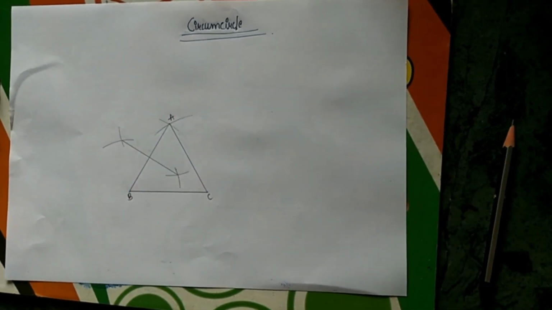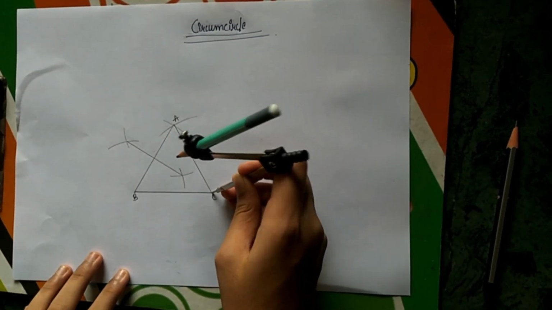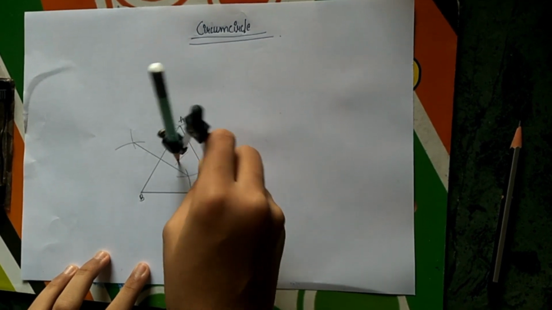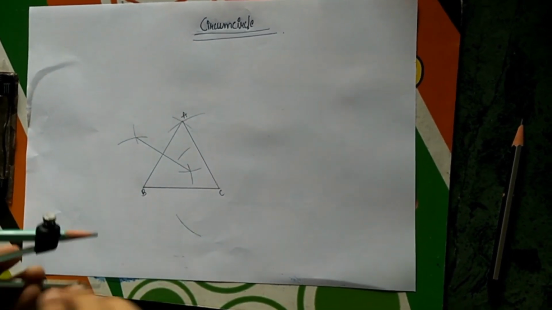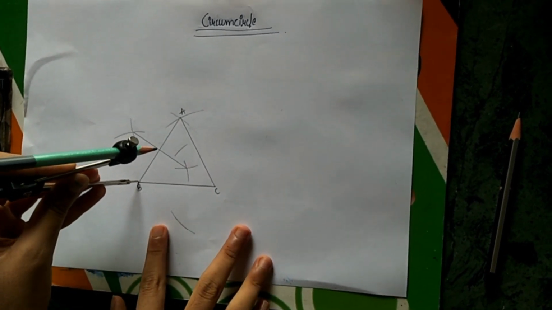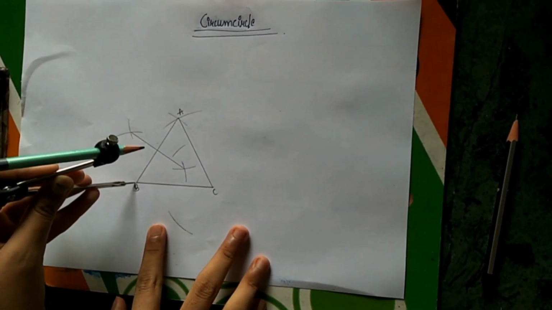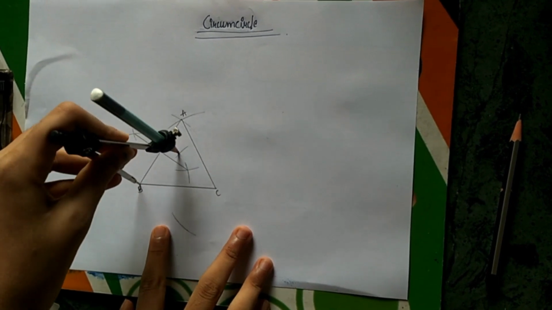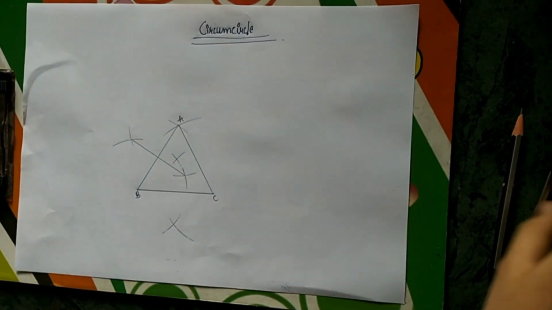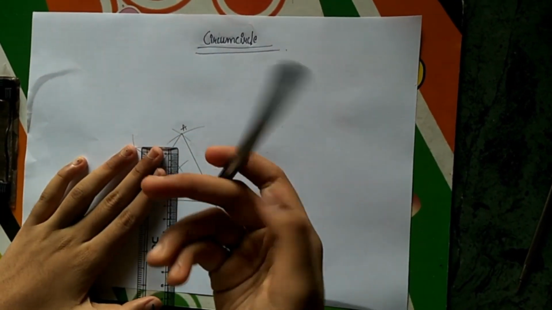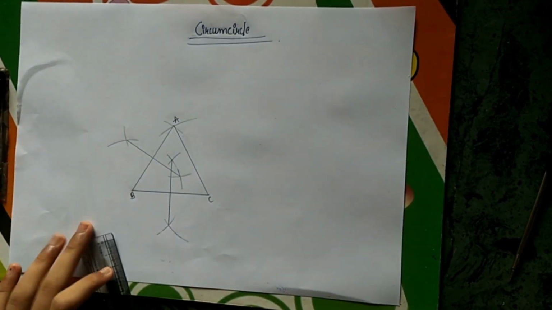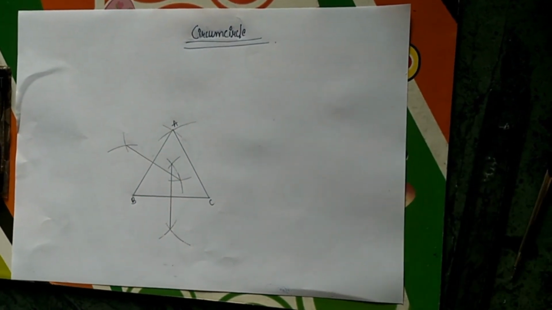Now let me draw the second one. So here I have drawn my two perpendicular bisectors.